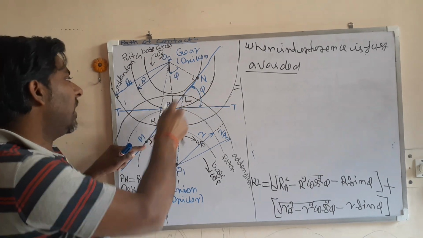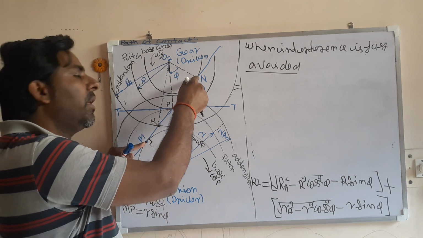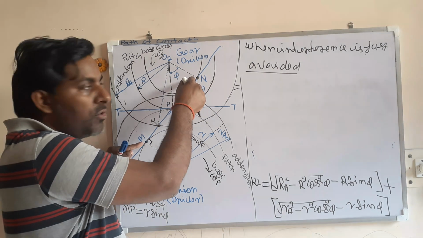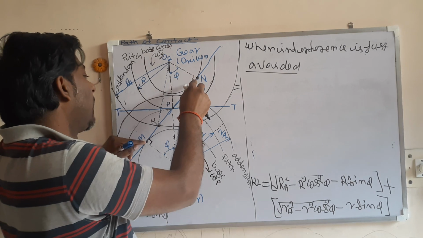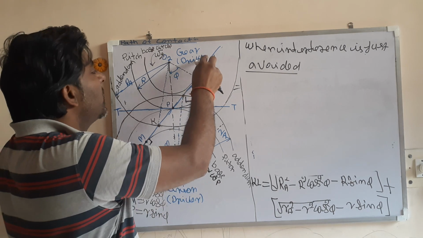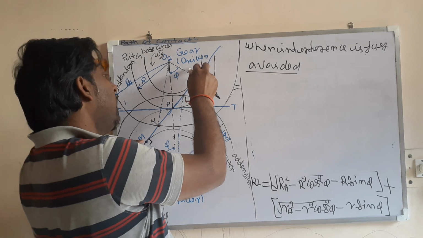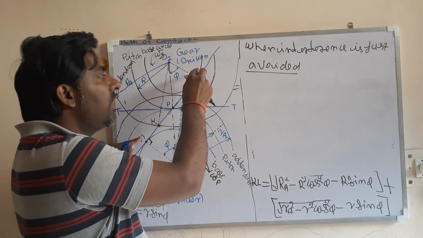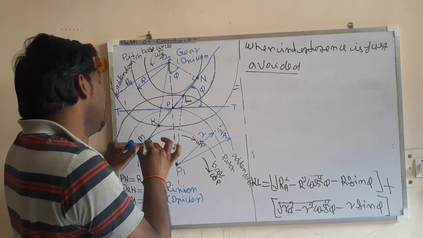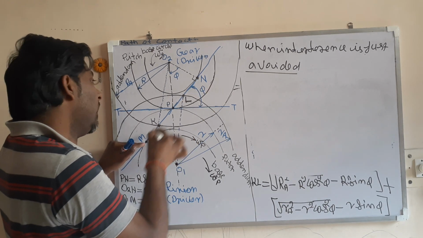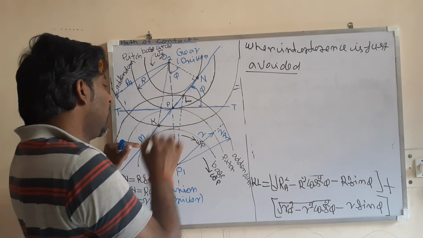If the point of contact is in between this point M and N, there will be no interference in the involute gear. If the point of contact goes beyond this point, then there will be interference in the involute gear. So to avoid interference in involute gearing, the point of contact should be in between M and N. These points M and N are known as the points of interference.